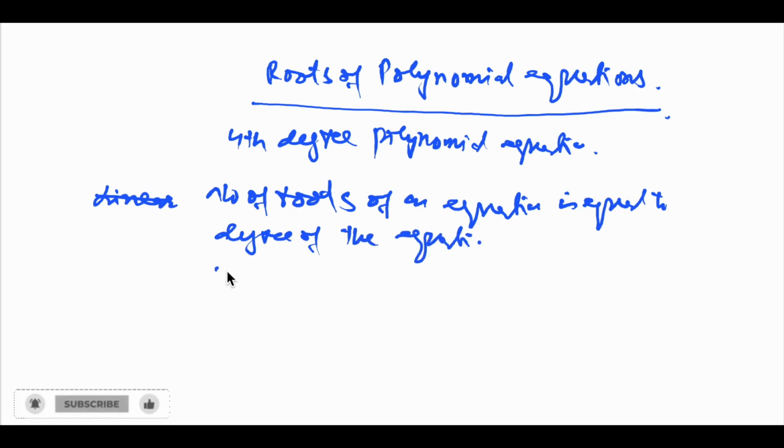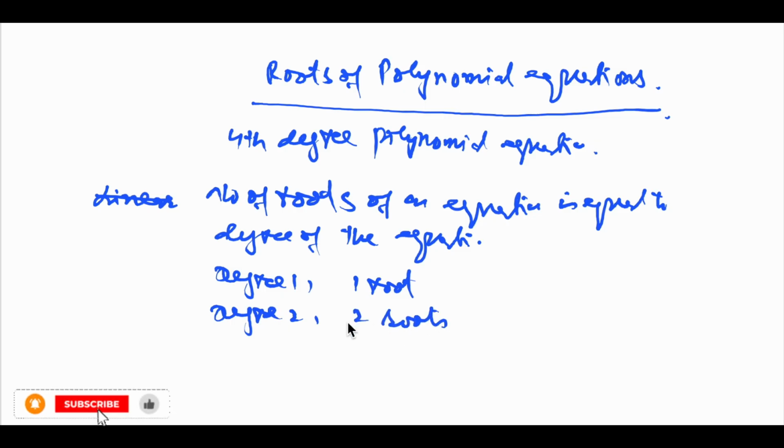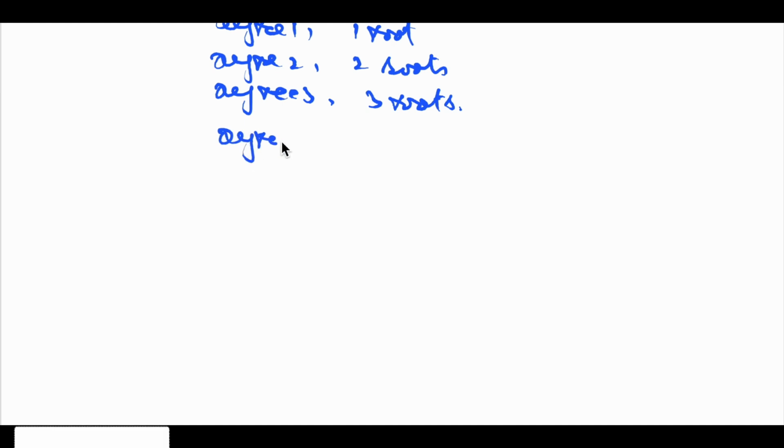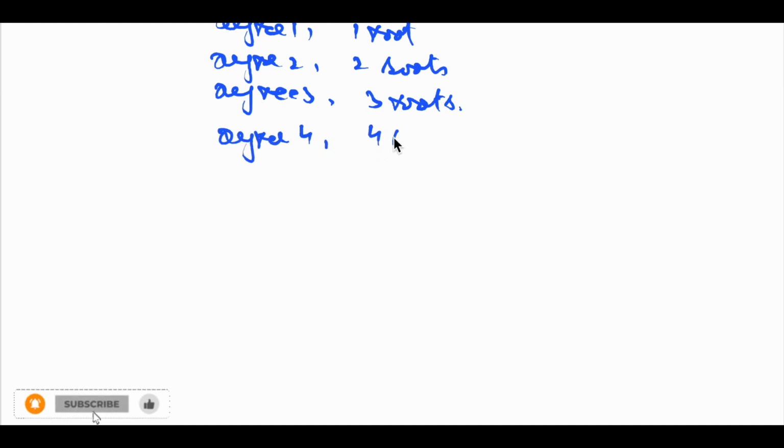So if degree is 1, I will say there is one root. If degree is 2, I will say there must be 2 roots. If degree is 3, there must be 3 roots. If degree is 4, there must be 4 roots.